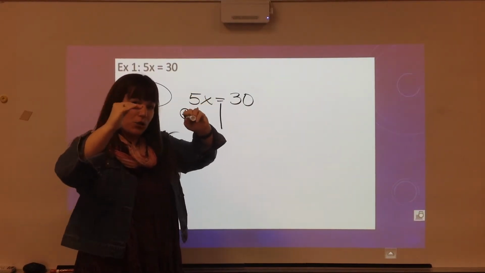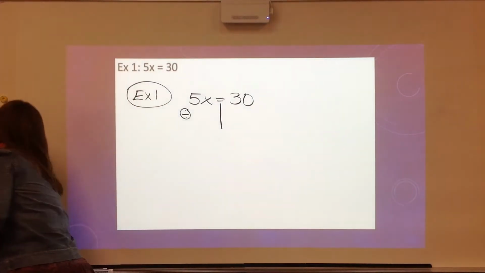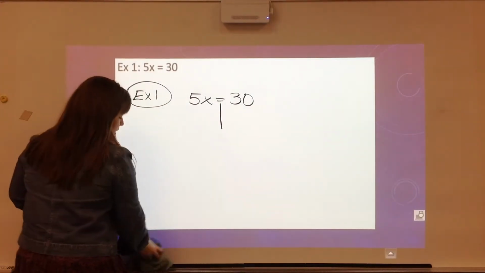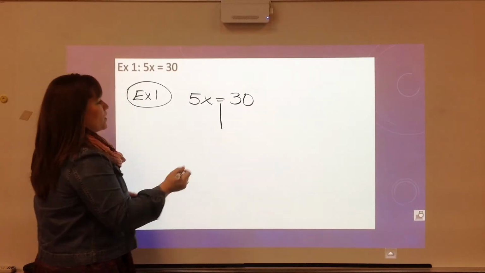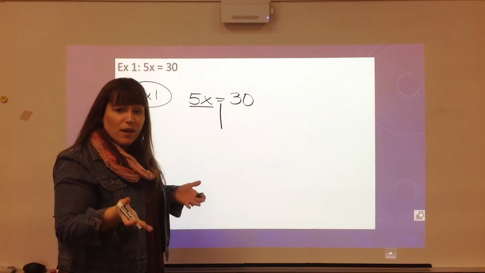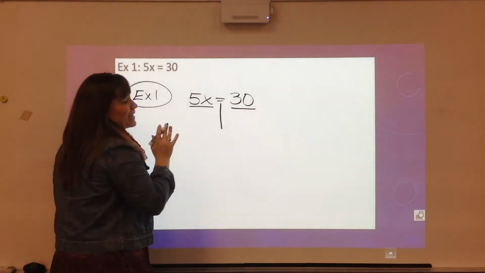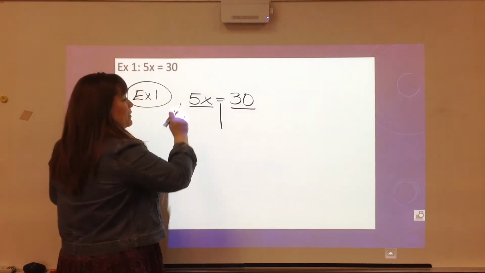It's best to go one thing under the next, going down. So what I'd like you to get in the habit of doing is drawing the division line as a fraction bar, because that's what a fraction bar means. You're dividing. So we are going to divide each side by the coefficient.